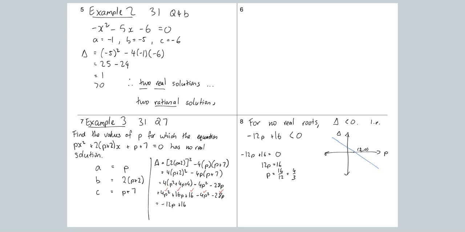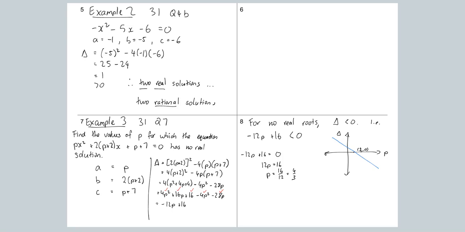Now here's the trick. Once you've drawn your graph, which doesn't take very long to do, can you see that if delta is going to be less than 0, then it's going to be all of these solutions here below the x-axis, because below the x-axis is where delta is less than 0. At this point, delta equals 0, and all of these solutions here have delta greater than 0.